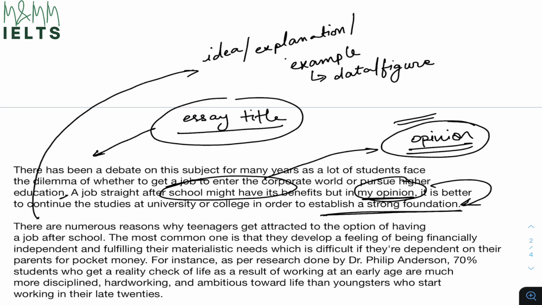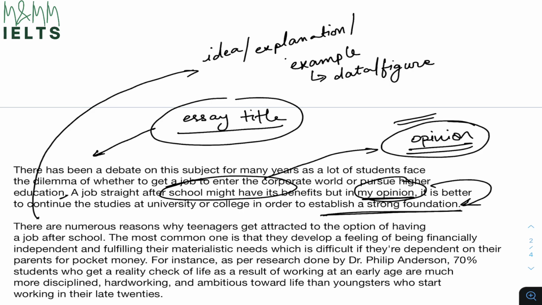IELTS is not testing your general knowledge, how good a general knowledge you carry for that particular subject. They might give you an essay title where they want you to share something regarding medical science, and you may be a student of commerce or arts. There is no way you will know a lot about medical science. So that means that you won't get a very good IELTS band? No, that's not the case.